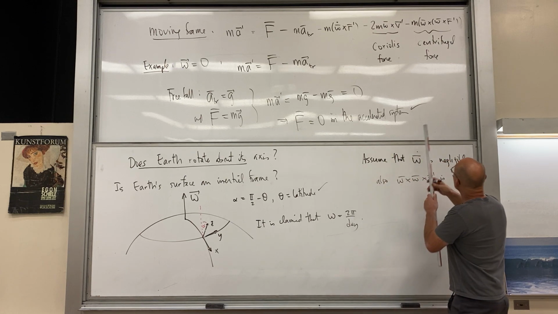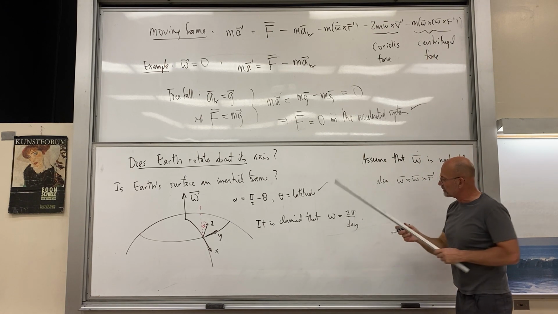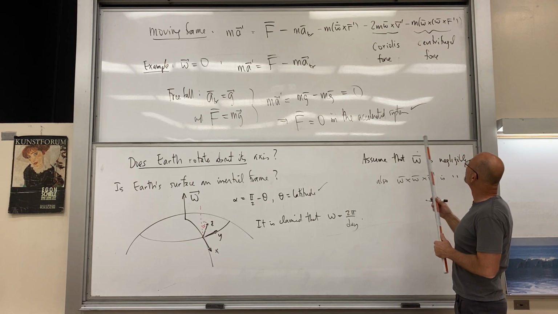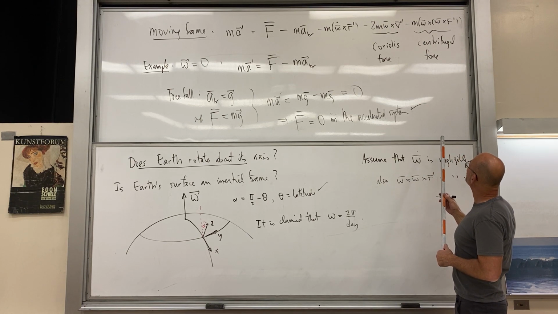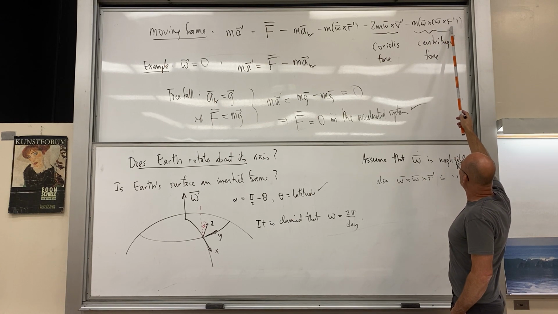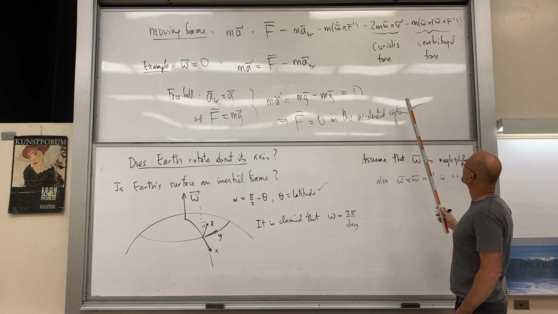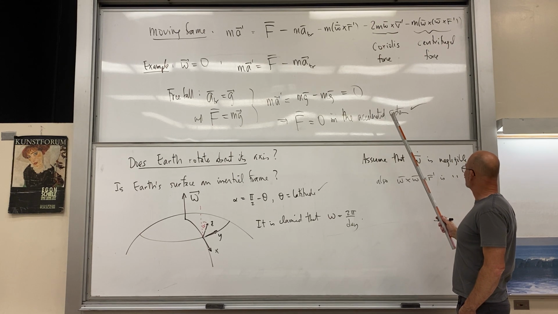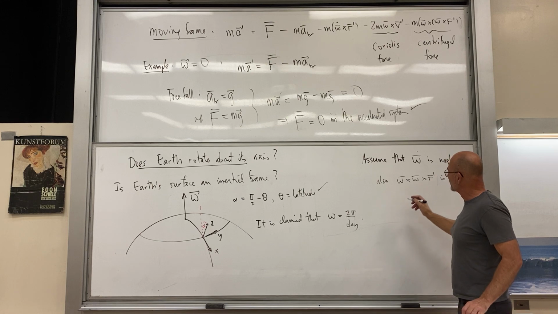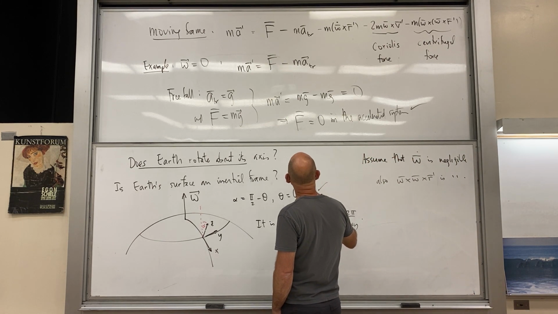So these are both going to be negligible because omega being 2 pi over a day is very small. Which is to say omega cross r prime in the lab frame is going to be smaller than the b prime. Okay. Good. So we're going to get rid of those, and now we have a pretty simple equation.